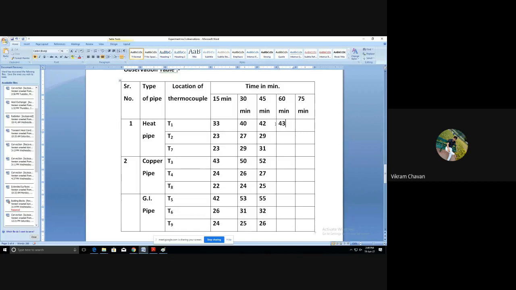T1 43, T2 30, T7 33, T3 52, T4 28, T8 26, T5 55, T6 33, and last one T9 27.